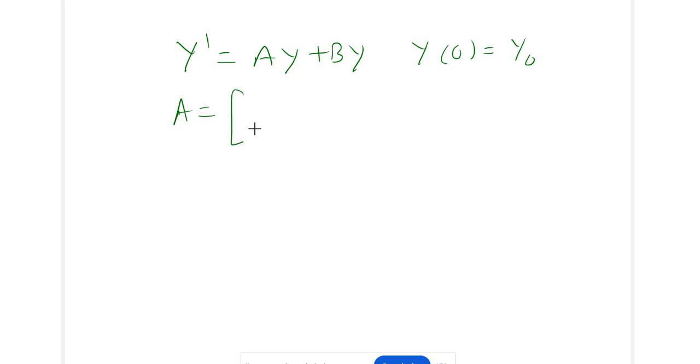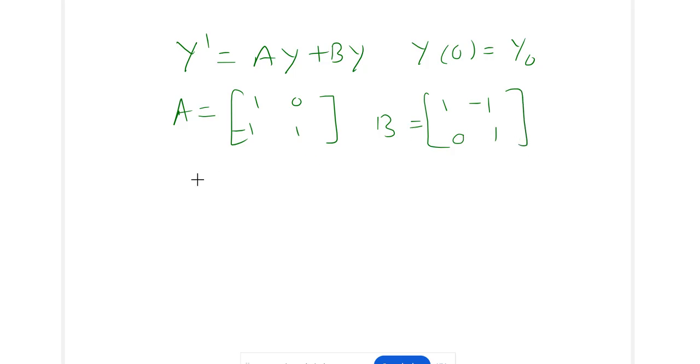Another problem: suppose you choose the initial value problem y dash equal to Ay plus By and y of 0 equal to y naught, where A equal to [1 0; -1 1] and B equal to [1 -1; 0 1].